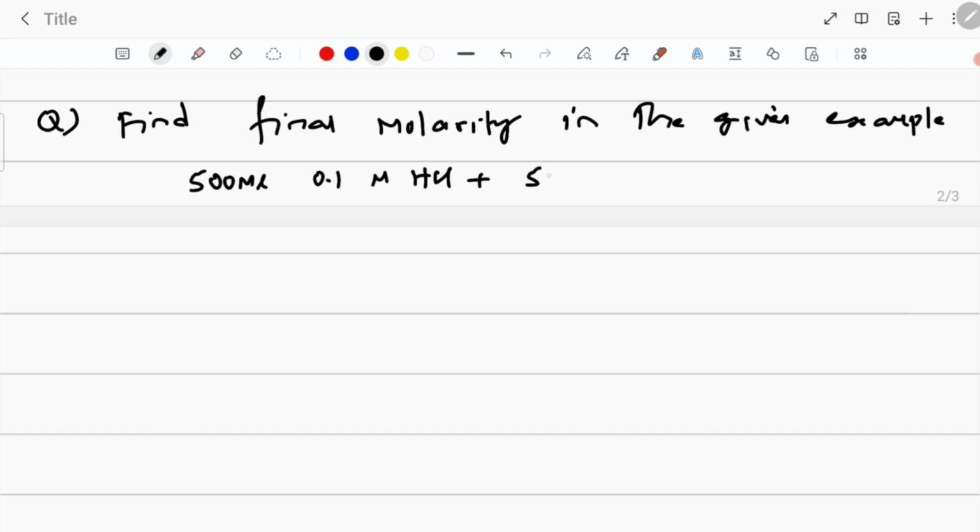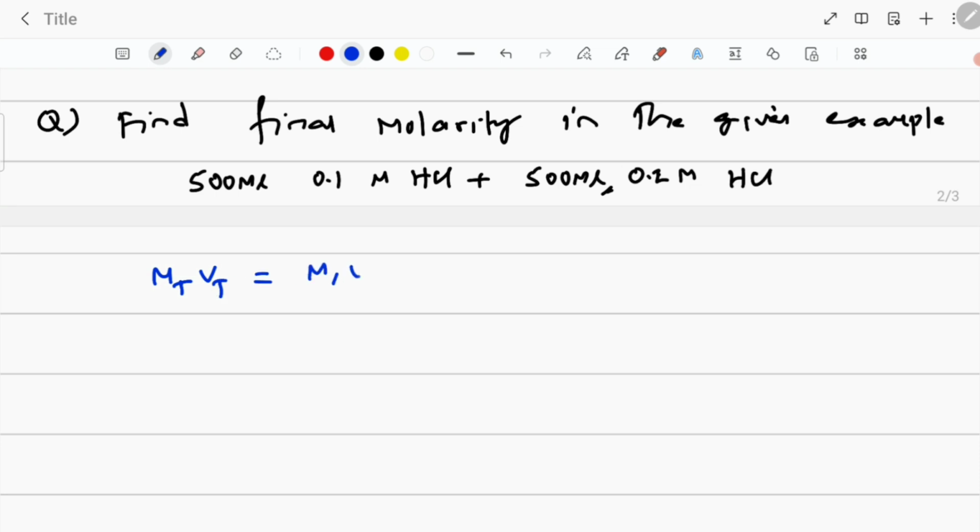Before that, see the question I wrote here. Find final molarity in the given example: 500 ml 0.1 molar HCl mixed with 500 ml 0.2 molar HCl.